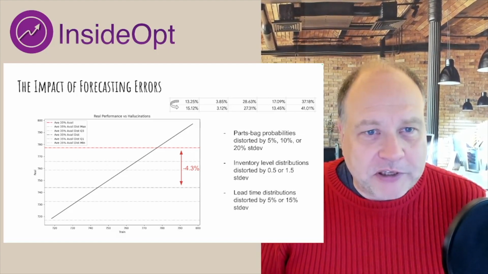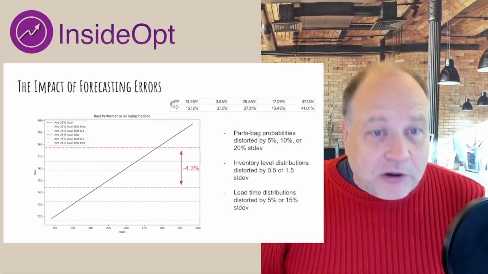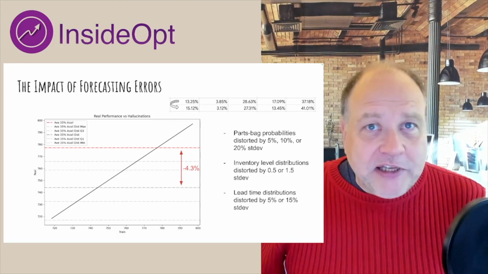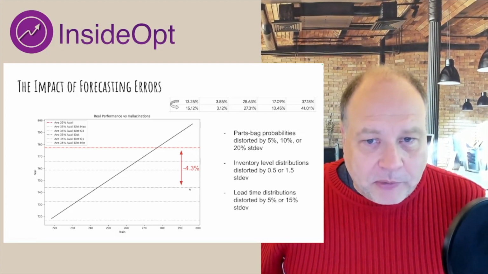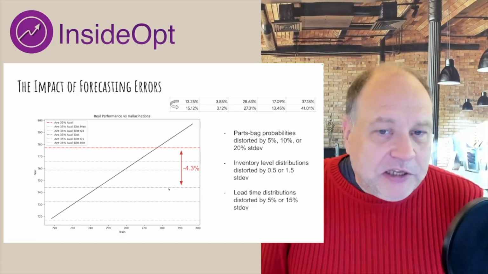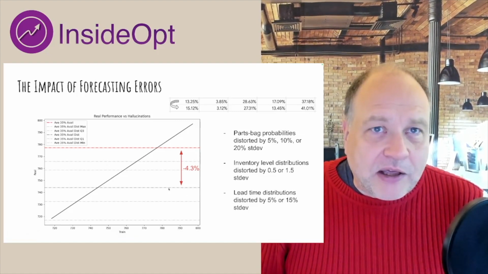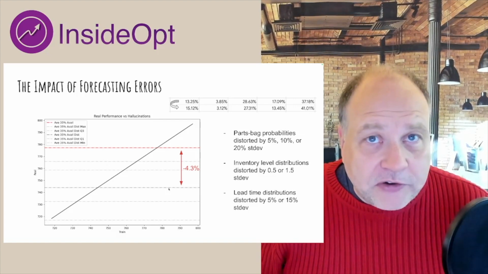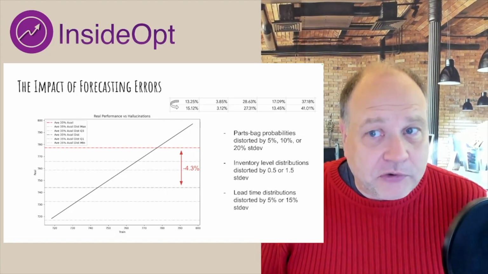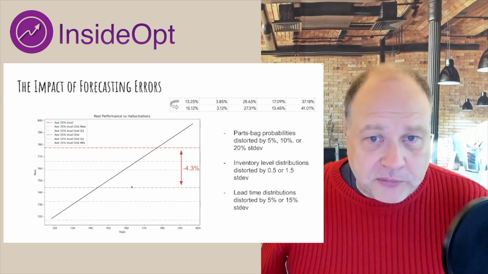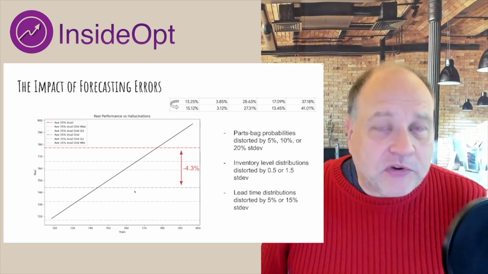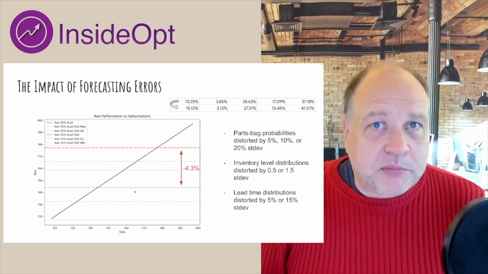the stockout probability. Now, if we take the mean or the median, they're almost identical, so I'm only showing you one over here. The mean or the median value that we're getting if the original data that we're receiving is actually distorted in one of those 12 ways. On average here, we're losing 4.3% in performance.